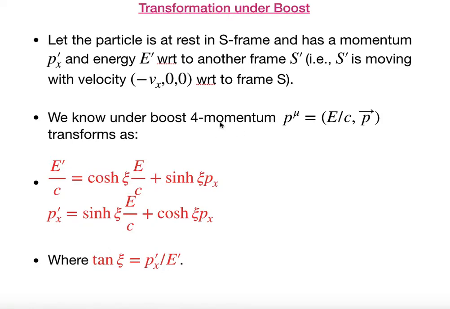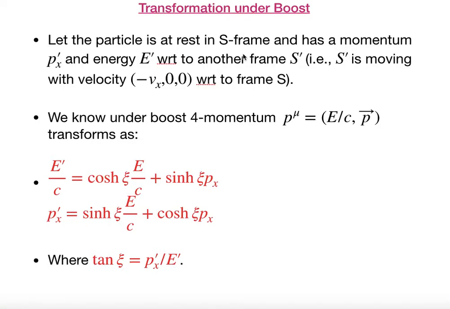Let us consider how this 4-vector p mu, basically time and space, transforms. Under boost, time and space mix up. So how does this p mu, which is a 4-vector, transform? This is the time component and this is the space component of this vector.